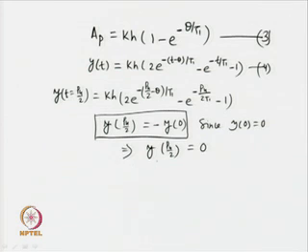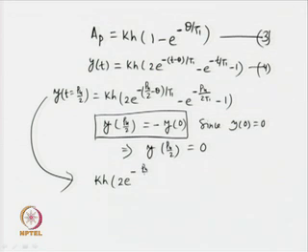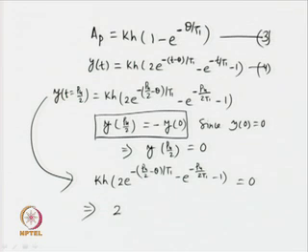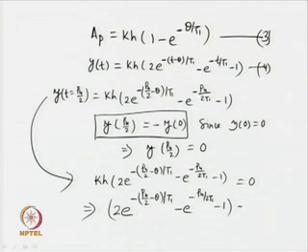So, setting y(Pu by 2) to 0, this gives us an equality of the form K h times (2 e to the power minus (Pu by 2 minus theta) by T1 minus e to the power minus Pu by 2 T1 minus 1) is equal to 0, which can be obtained in the form of 2 times e to the power minus (Pu by 2 minus theta) by T1 minus e to the power minus Pu by 2 T1 minus 1 is equal to 0.